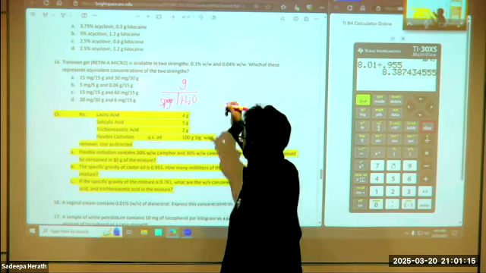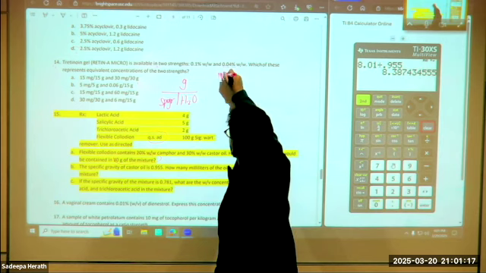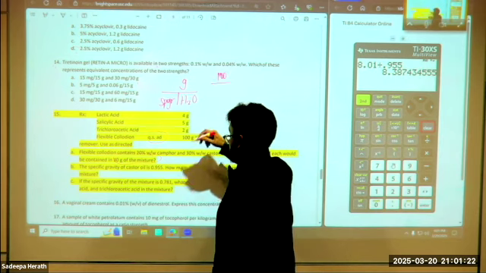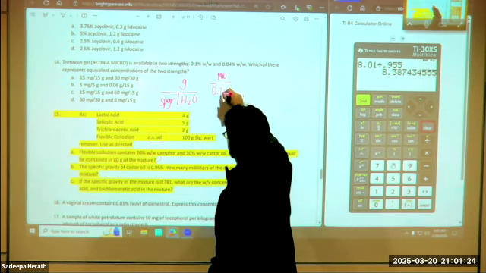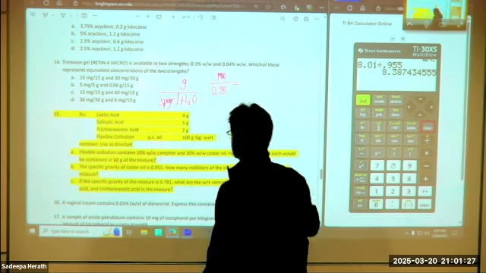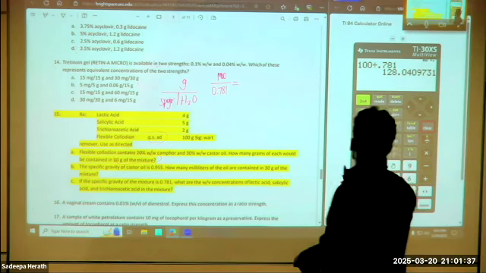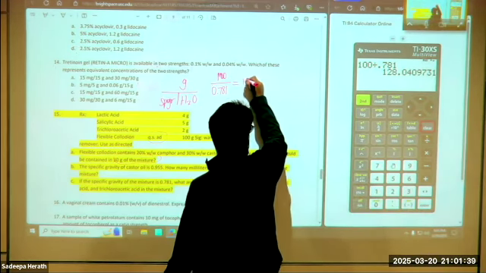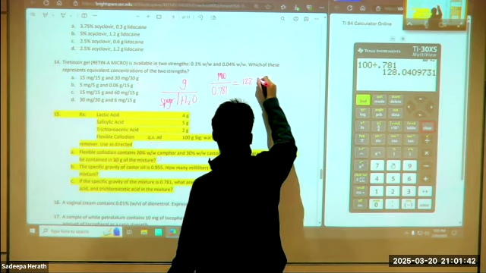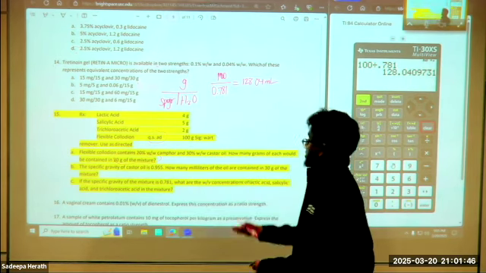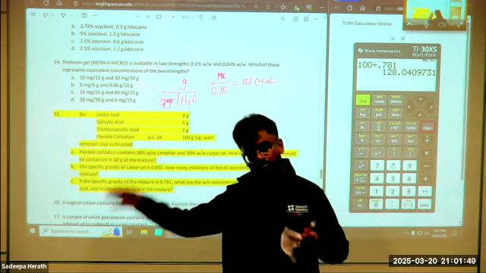So that's how we start. 100 grams divided by 0.781 equals 128.04 mL. Okay, so that's our total volume of the mixture.